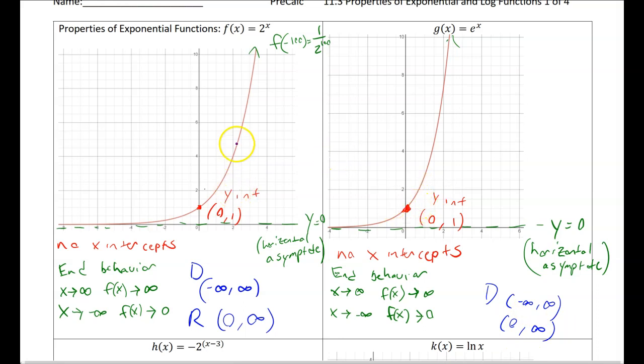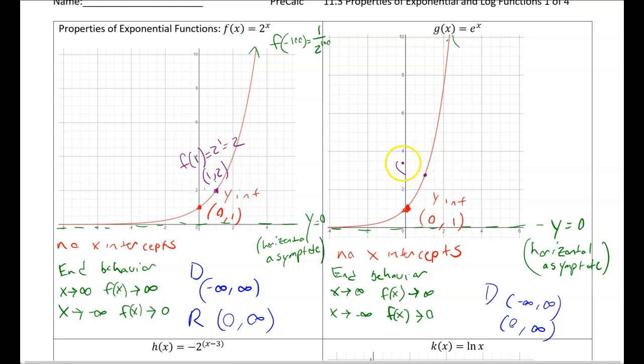The last thing we're going to note, and this is just to help us when we consider our logarithmic example down here, is what I'm going to call a key point. And my key point is related to the base here. So this is the point (1, 2). And this makes sense because f of 1, 2 to the first power, is 2, right? And then notice over here we get this number a little bit bigger than 2.